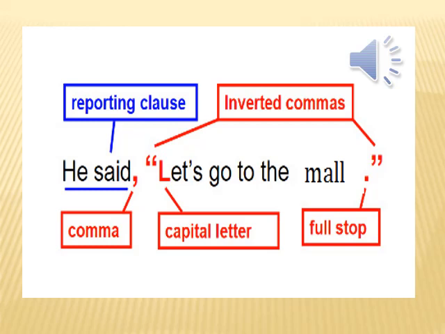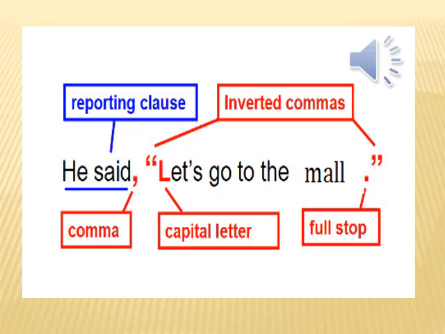After the comma, we open the inverted commas and write exactly the same words which the speaker spoke. It always starts with a capital letter. It is always put inside the inverted commas and ends with a full stop. Now it could end with any other punctuation also, like a question mark or an exclamation mark, but that depends upon the mood of the sentence.